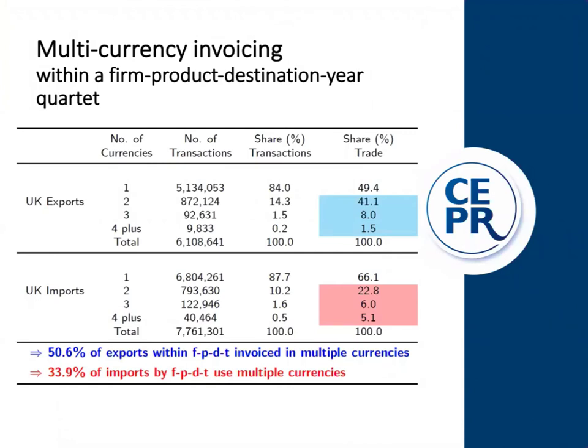So what this means is that within one calendar year, a British firm might be selling a spark plug in Canada, invoiced in US dollar, but then later in the same year, even within the same month or week, shipping another shipment of spark plugs to Canada and invoicing in a second currency, like pound sterling. Okay, so this is one surprising finding.